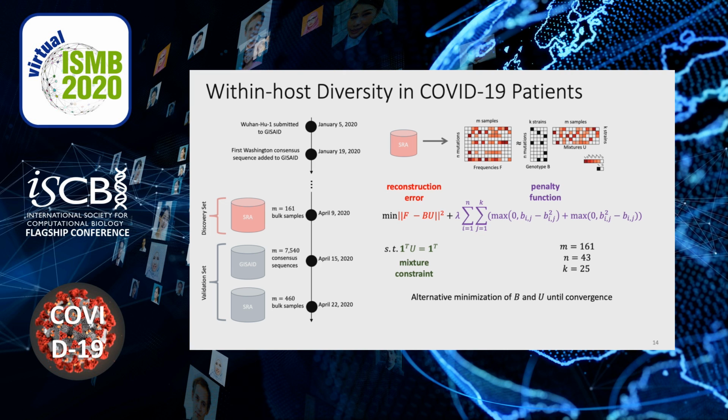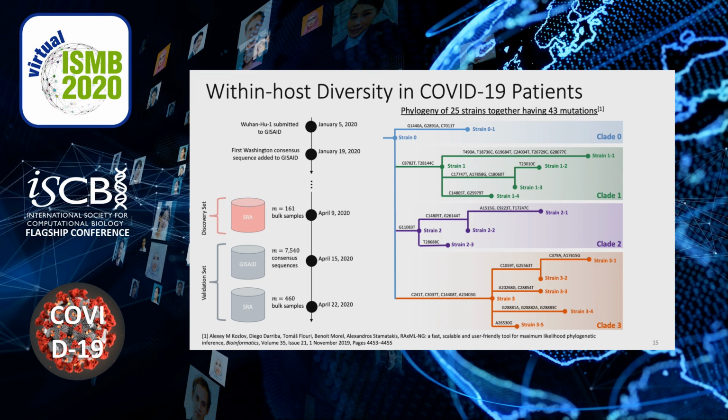So we take the bulk samples present in the discovery set and we formulate the deconvolution as a non-negative matrix factorization problem, which we solve using a penalty function based approach. Now for the 161 bulk samples in the discovery set, we identify 43 mutations that are shared across many of these samples, and we find 25 strains that can explain the observed variant allele frequency values.